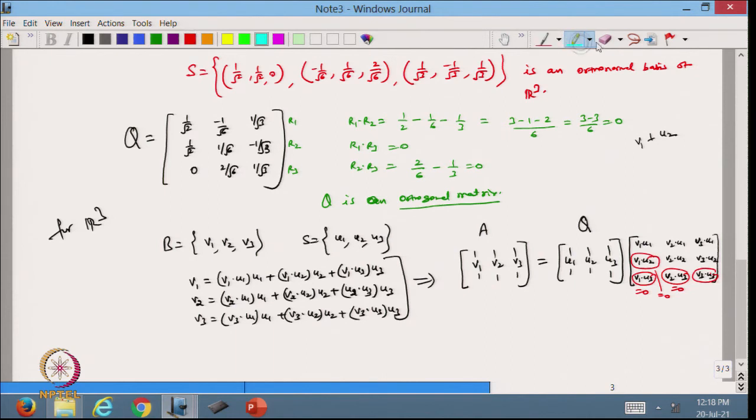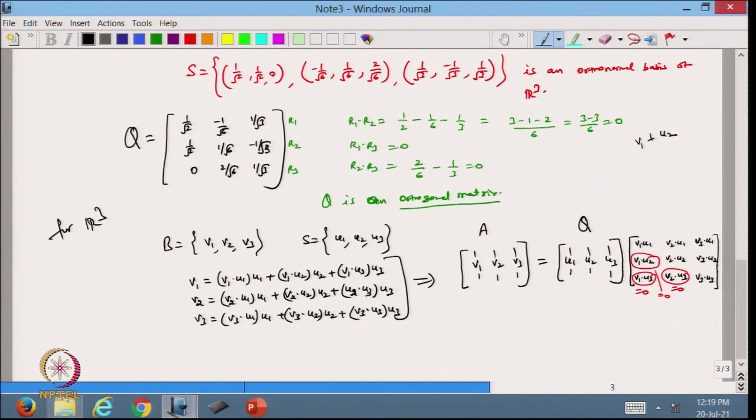Now this is okay. V2 dot U1 and V2 dot U2, and V3 dot U1, V3 dot U2 and V3 dot U3.